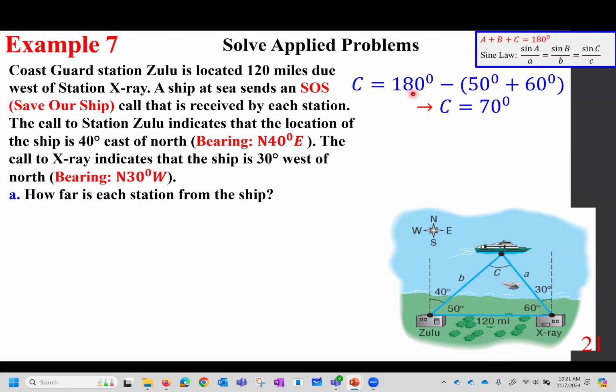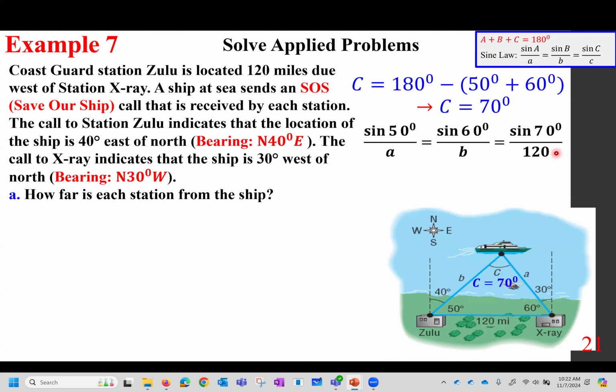That's the first thing. C becomes 70 degrees. And now we use the sine law. Sine of 50 over A equals sine of 60 over B equals sine of 70 over C, which is 120.